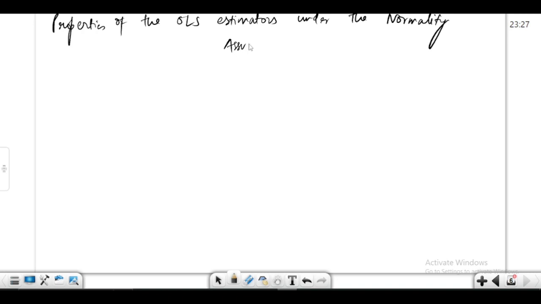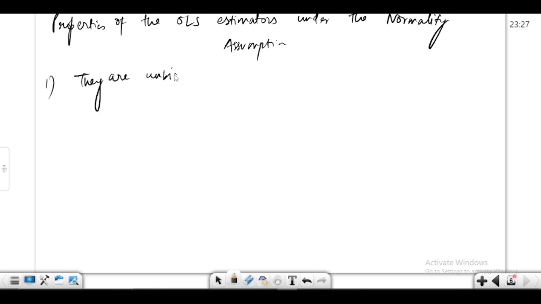Now let's talk about the properties of the OLS estimators under the normality assumption. The first property is they are unbiased.